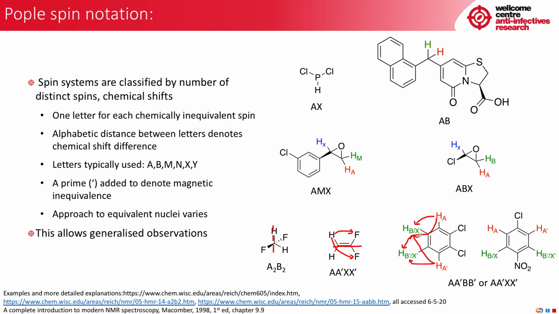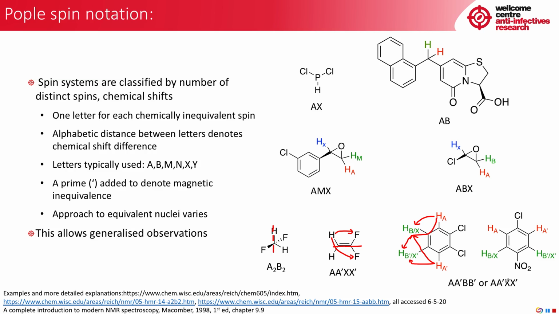This could be an AA prime or a BB prime system. This is probably an AA prime BB prime system. However, if we were to look at the 1,4-chloro-nitro analog, nitro has a larger effect on chemical shift, and A and B or X is more different, and so this might be instead called an AA prime XX prime system.